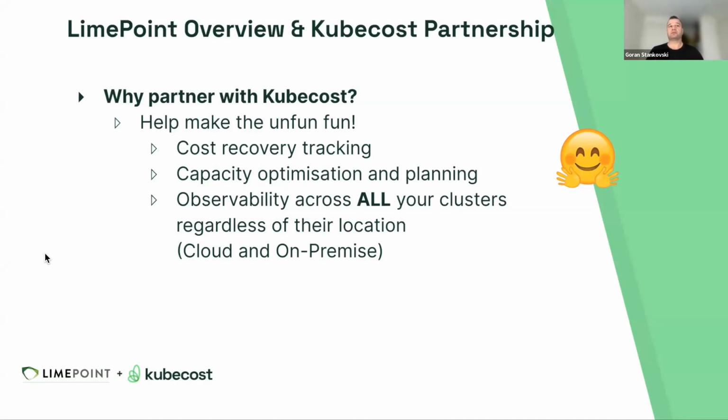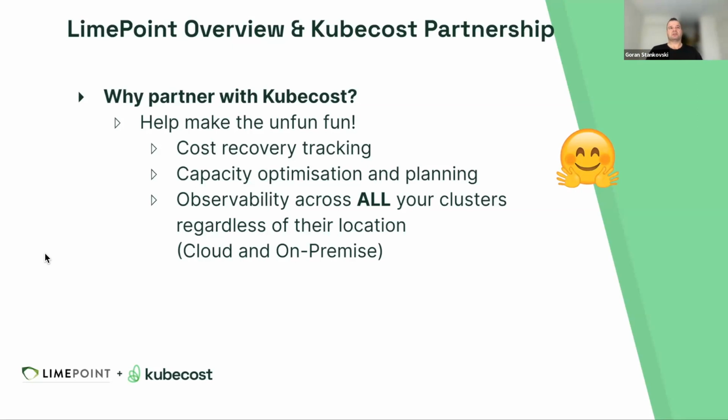How do you optimize capacity and help plan accurately in terms of capacity consumption? If you've deployed X amount of nodes in your Kubernetes clusters, but you find that the utilization of those clusters is actually quite low, you can probably pare back quite a bit of that infrastructure, reduce your costs, and deliver cost benefit as well as the capability to scale up as and when you need it.